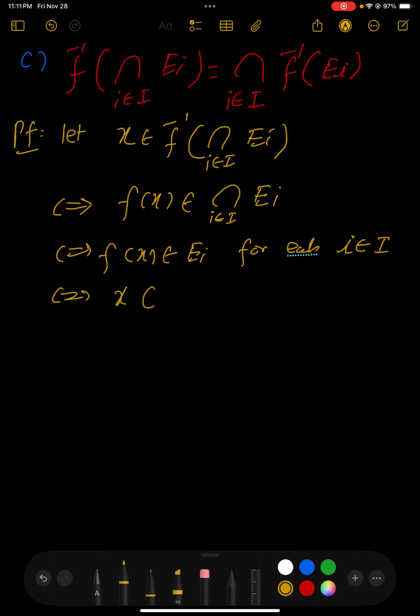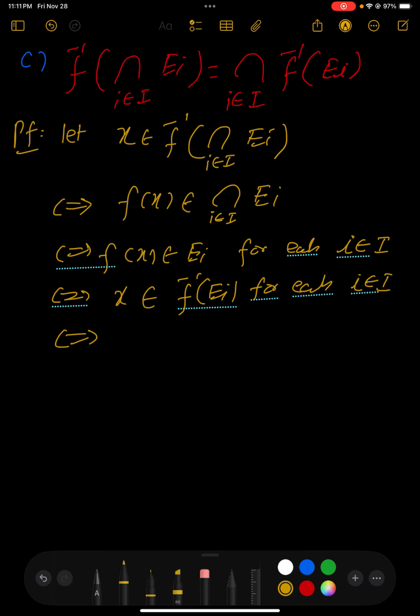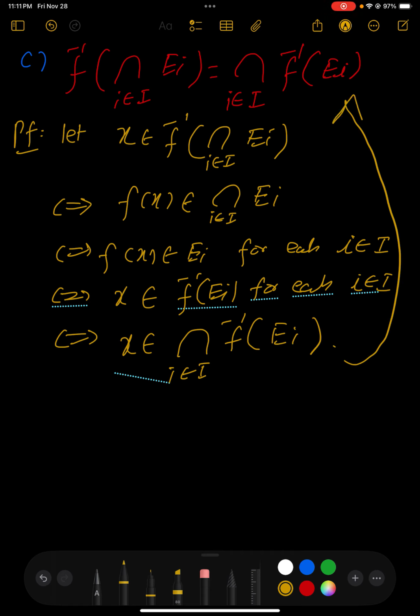This means that x belongs to f inverse of ei for each i belonging to I. So x will belong to the intersection, because if it belongs to each one, it belongs to the intersection, and we are done. Very easy, a very easy thing to prove. I think you don't need to worry about anything.